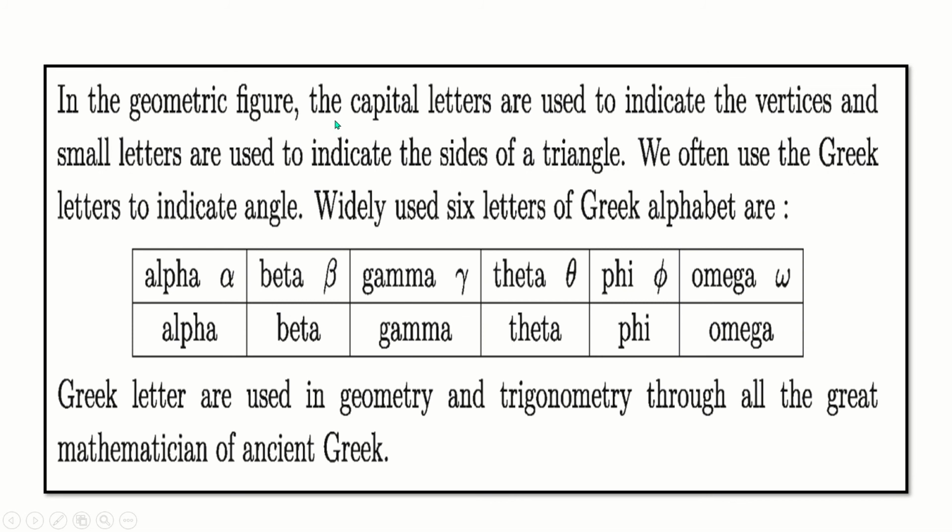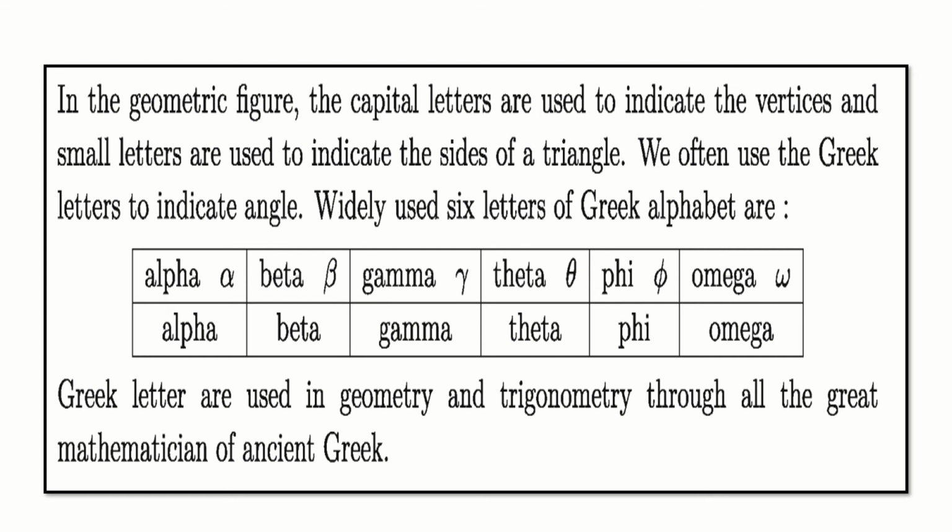In a geometric figure, capital letters are used to indicate the vertices. As for example, in the previous figure, PON is a triangle, P, O and N are all vertices and they are capital letters. But if the measurement of length is given, that means OP, PN or ON, it will be a small letter.